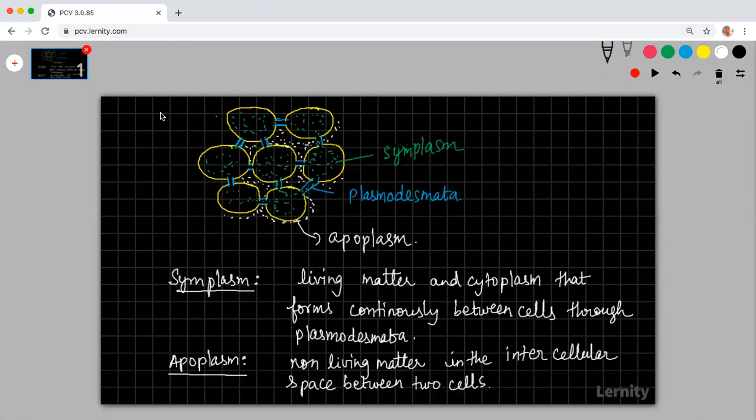But when it is all connected as a network, we call it symplasm. You have all these things interconnected as a long chain in a plant, and water will be transported through symplasm. It can be transported through apoplasm also. You will study about this later.